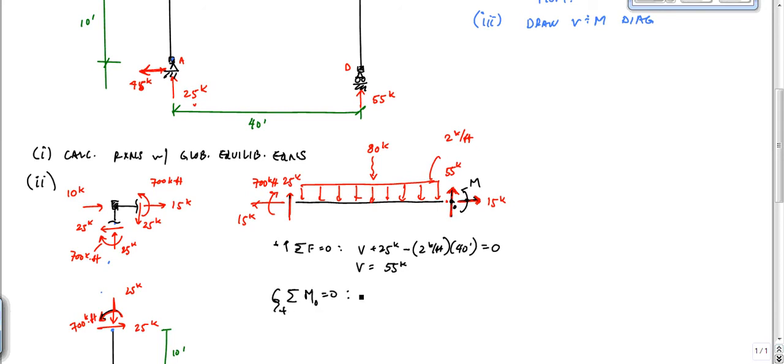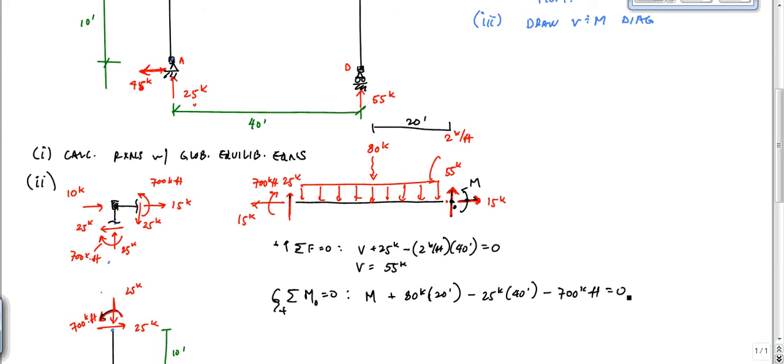I would have M plus 80 kips times 20 feet, which is this distance to O, minus 25 kips times 40 feet, minus 700 kip feet equals 0.